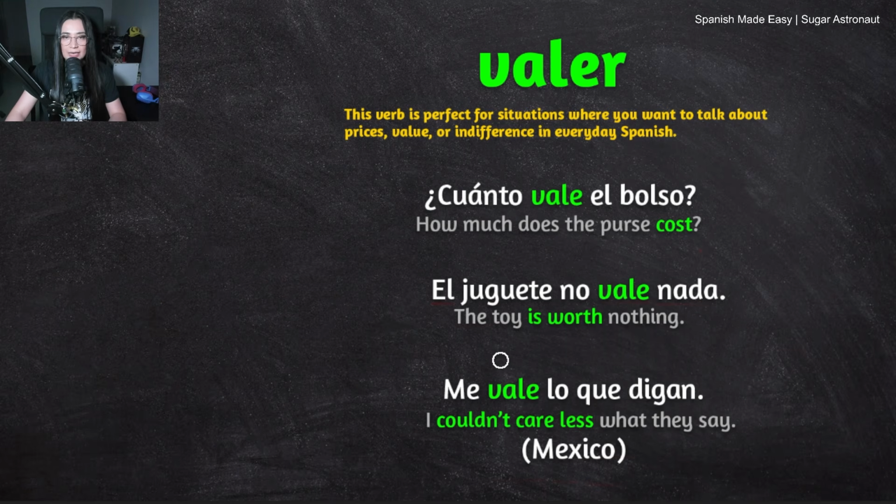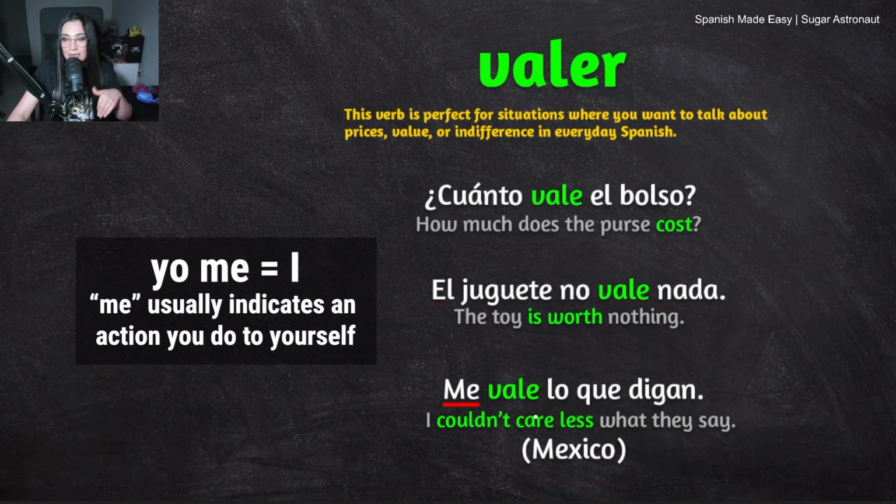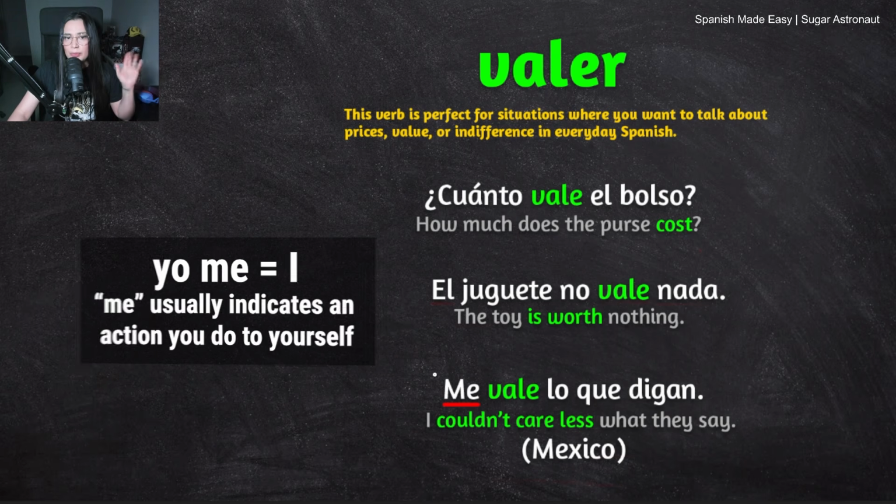Now let's break this down. Let's see how this sentence works. Me is a reflexive pronoun, and me usually means me, I, or myself. You can even use yo me together, and that means I, which is very interesting, but you can drop yo.